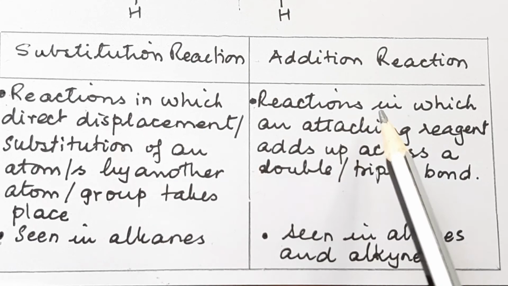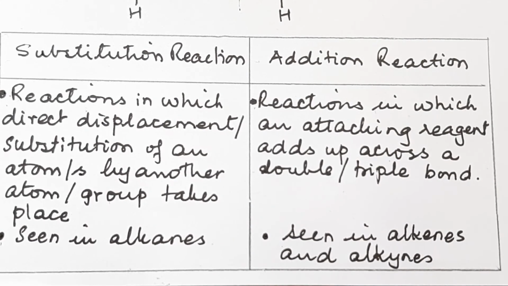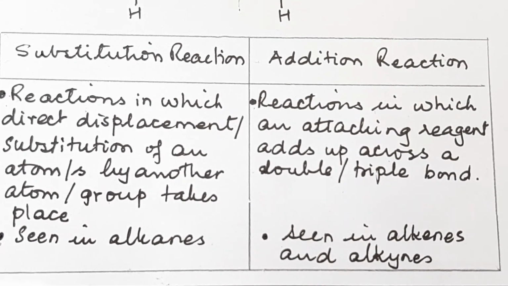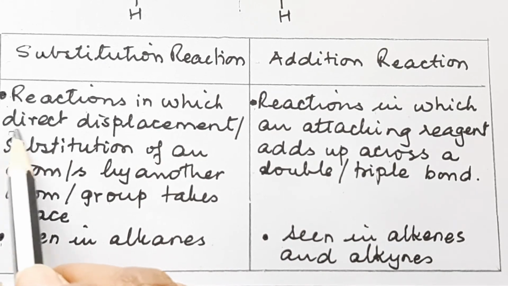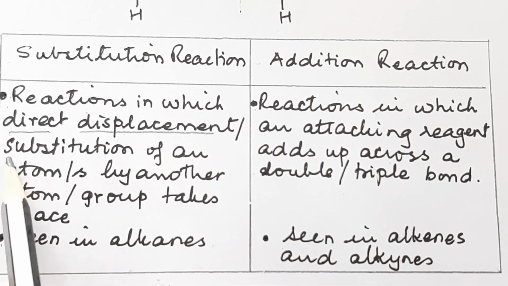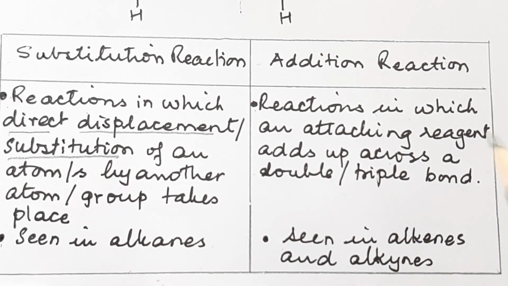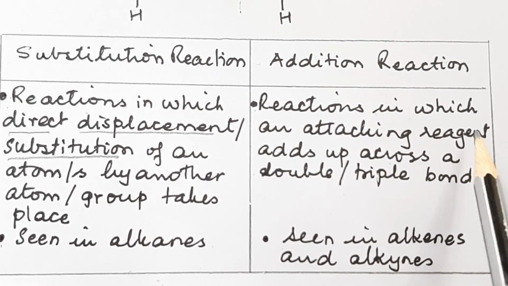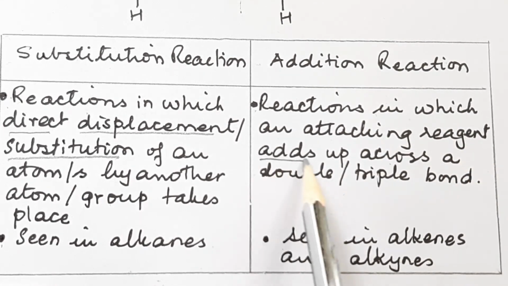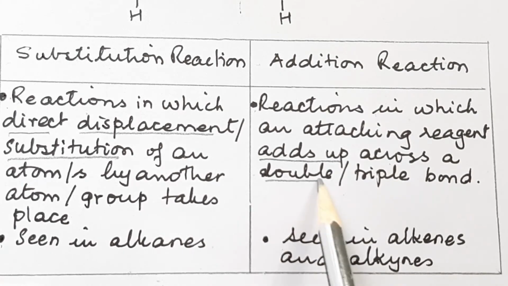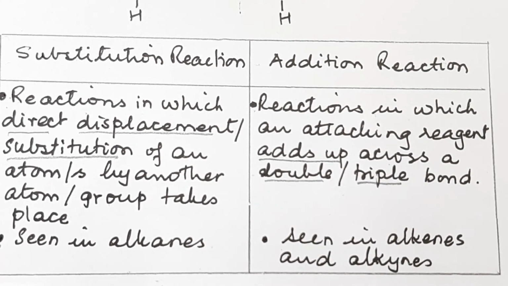So the first point is the definition, which you will find in any textbook. What is the keyword over here? Direct displacement or substitution. And here it will be the attacking reagent. It adds up across the double bond or a triple bond.